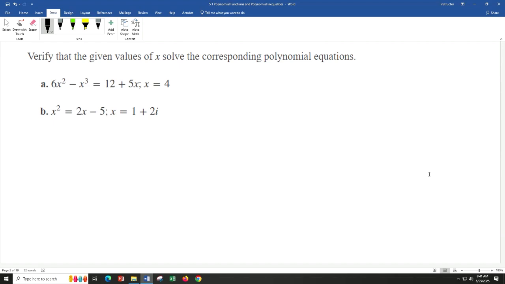Take it and plug in. Come over here, I've got 6, 4 squared minus 6, sorry, that's a 4, times 4 cubed equals 12 plus 5 times 4.